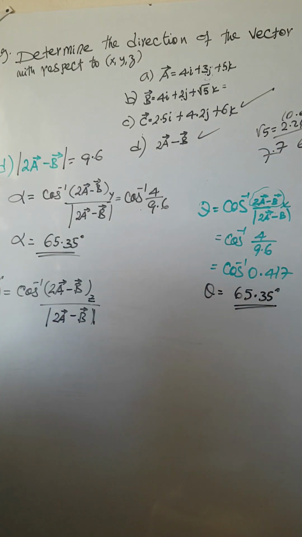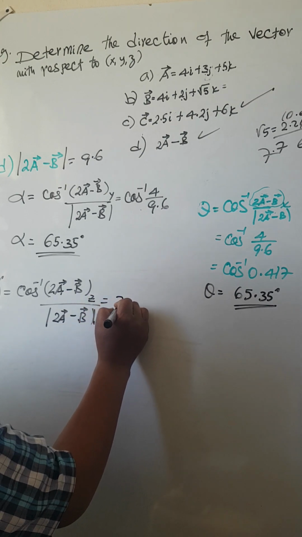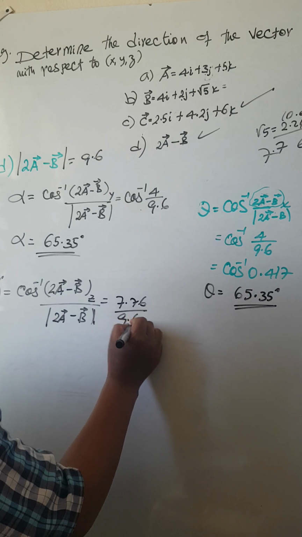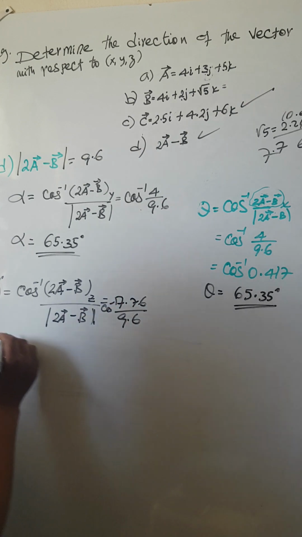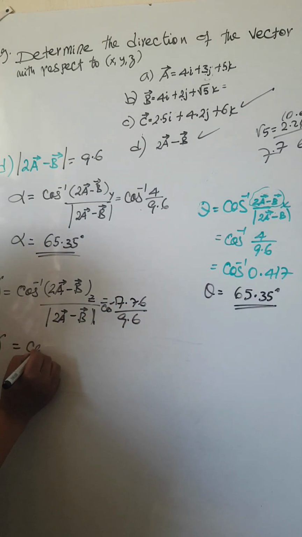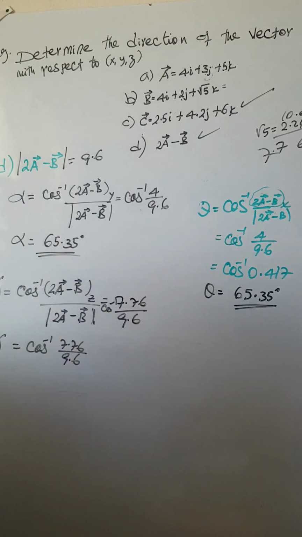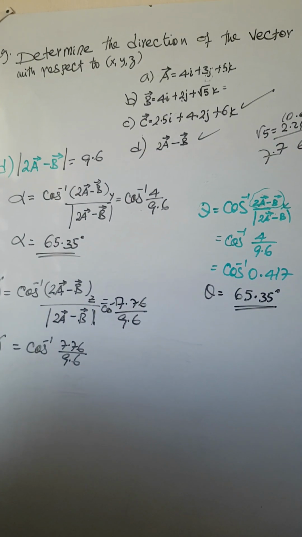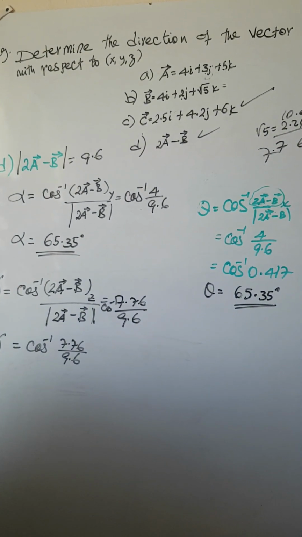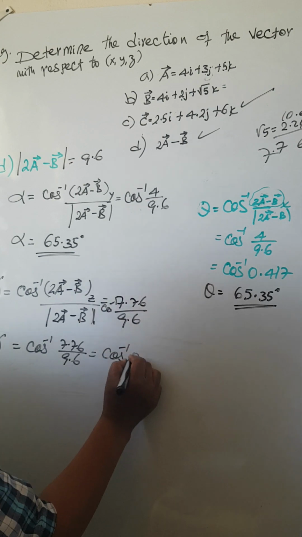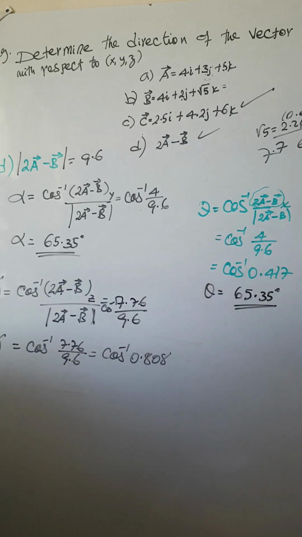So gamma is equal to cos inverse of 7.76 divided by 9.6, which is cos inverse 0.808.